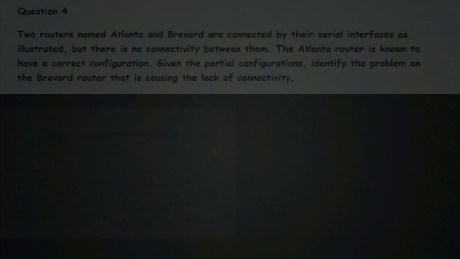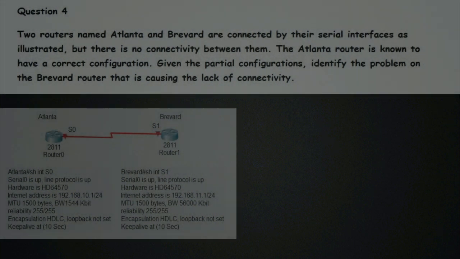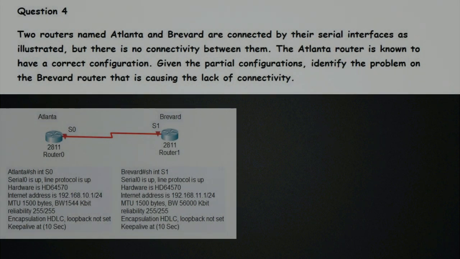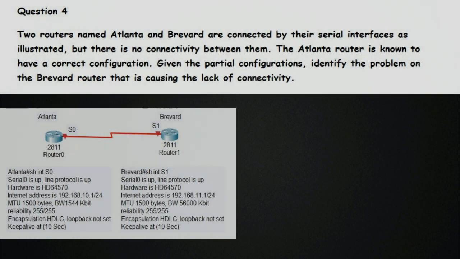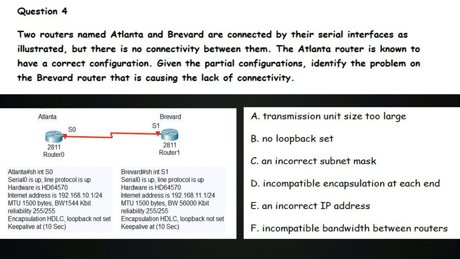Question 4. Two routers named Atlanta and Brevard are connected by their serial interfaces as illustrated, but there is no connectivity between them. The Atlanta router is known to have a correct configuration. Given the partial configurations, identify the problem on the Brevard router that is causing the lack of connectivity. A. Transmission unit size too large.